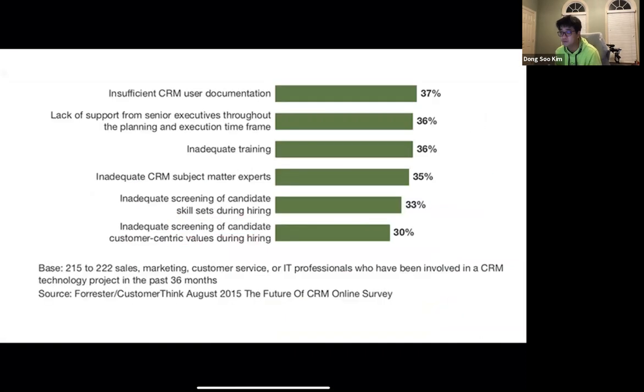Moving down, we can find interesting issues such as insufficient CRM user documentation and inadequate training. This result shows that still so many firms adopt CRM before they are ready to use it.